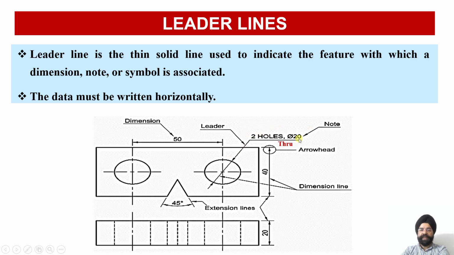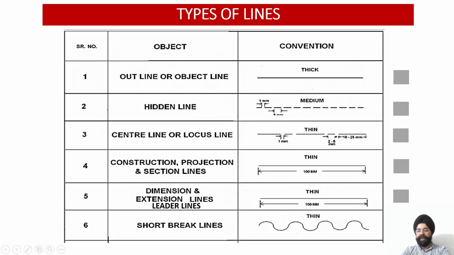So leader line is basically to provide the notes onto the engineering drawing, and these notes may relate to the sizes, surface finish requirements, tolerance requirements, or special characteristics like knurling, or if some reaming is required. So all those special requirements I can put down on the leader line. But all these three lines, they have to be drawn thin in nature.